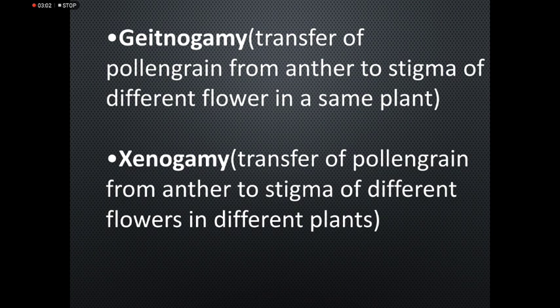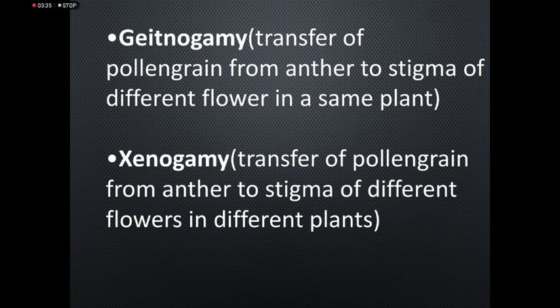Then the next case is geitonogamy. In geitonogamy, transfer of pollen grain from anther to stigma of a different flower in the same plant occurs. That means in autogamy and geitonogamy, both the plants are the same. So autogamy and geitonogamy belong to self-pollination.